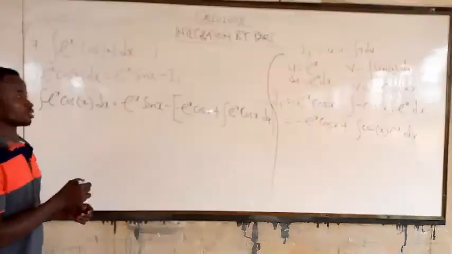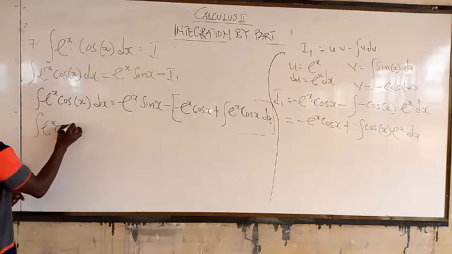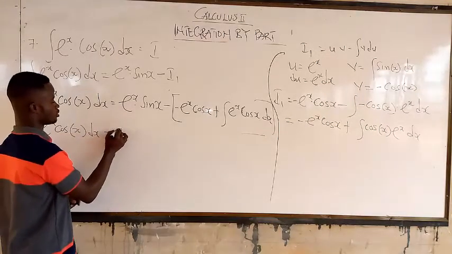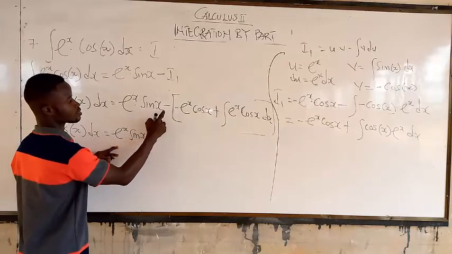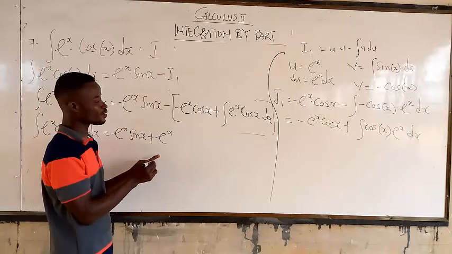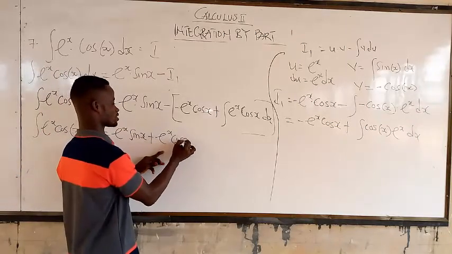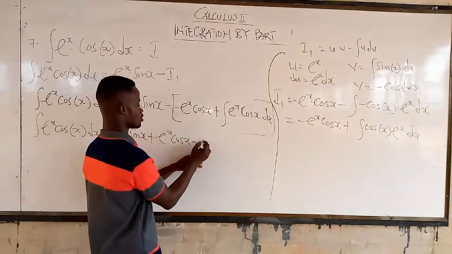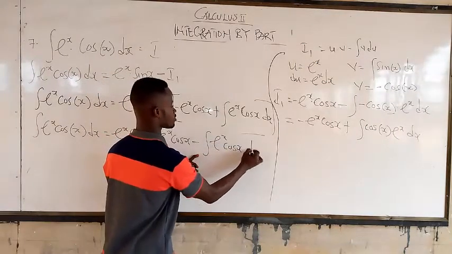That is I1. So we get e raised to the power s sine s, and again e raised to the power s cos s. Don't worry, you see what I want to derive to you. Negative to this, negative integral of e raised to the power s cos s ds.